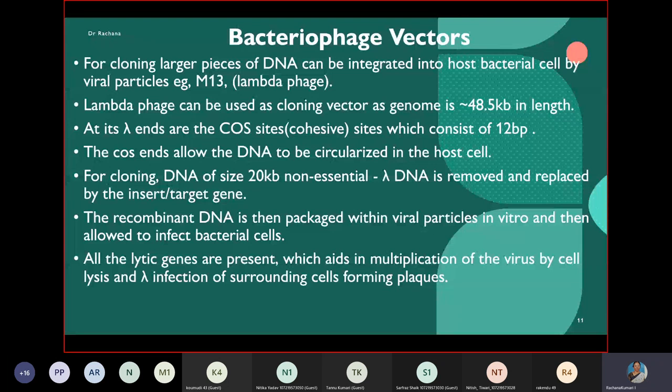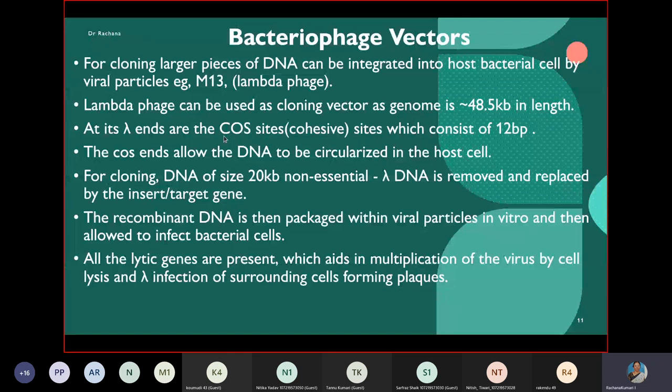On infection and entry into the bacterial cell, these cohesive sites or cos sites of the phage genome anneal, the two ends of the genome anneal, forming a circular DNA molecule. So this property is due to the presence of these cos sites.